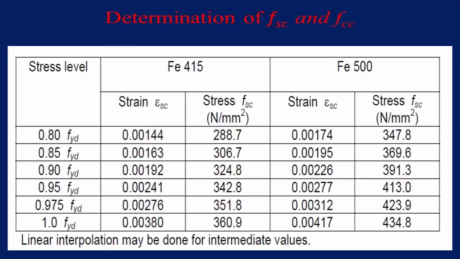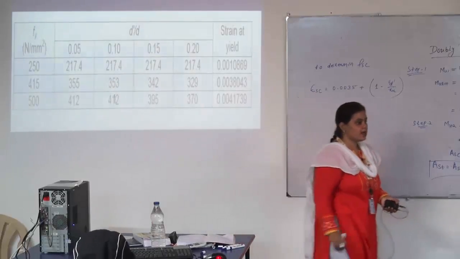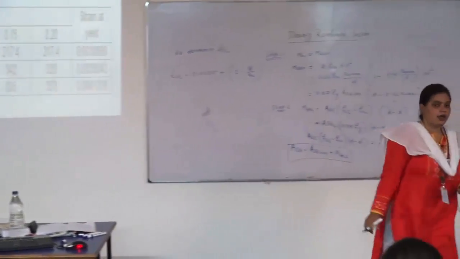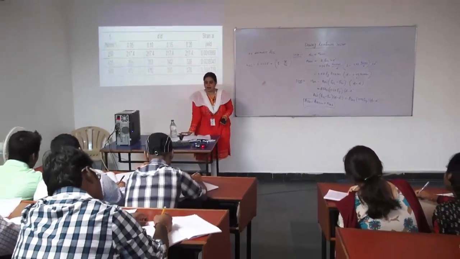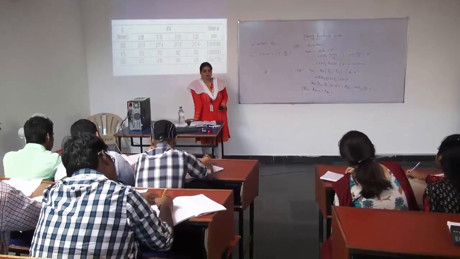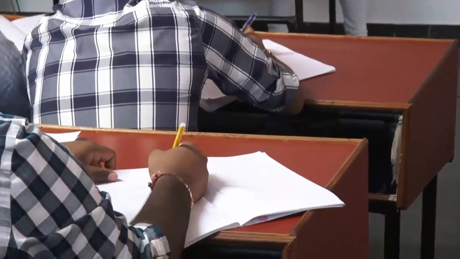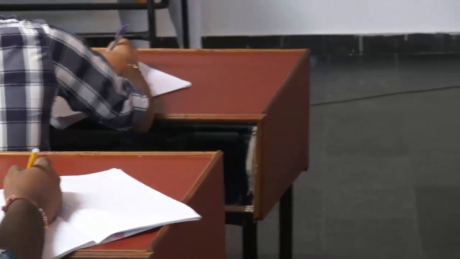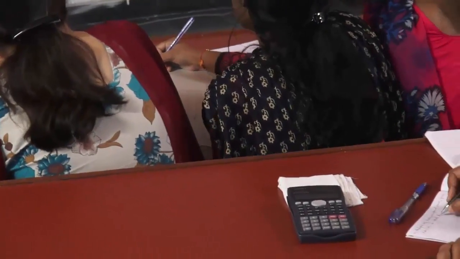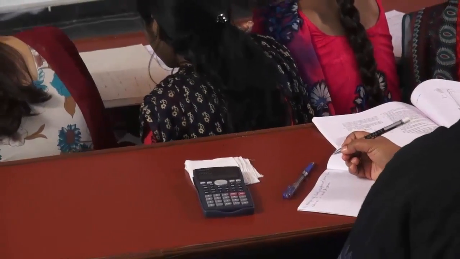Okay, so write down one problem. Analysis of doubly reinforced beam. Given data are: small b equal to 300 mm, capital D equal to 500 mm.